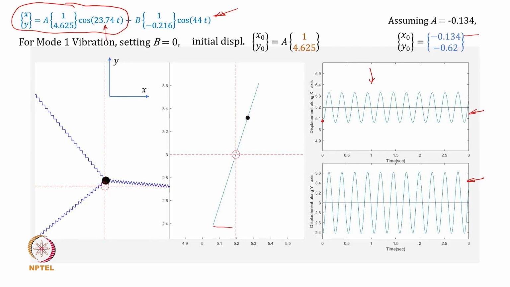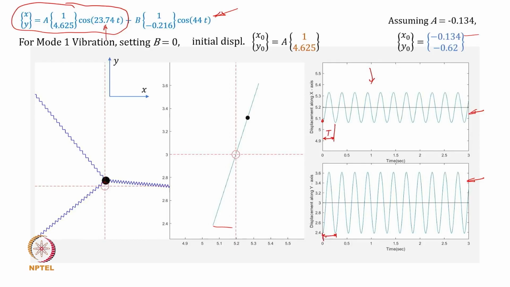Both of them are pure harmonic signals, and most important is that for a principal mode or principal motion, both x motion and y motion are completed in the same period of time. That is how it can sustain harmonic motion and the same frequency motion.